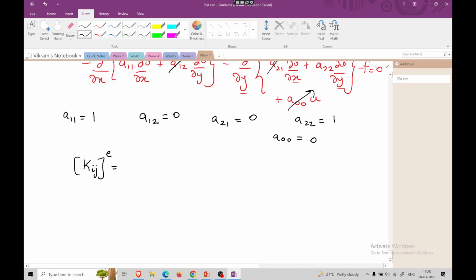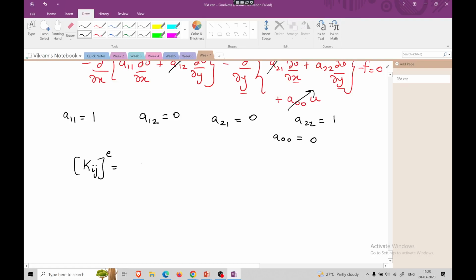Both will be y. It will be dou psi I by dou y into dou psi j by dou y dx dy. Correct? So what is psi I for a triangular element? Again we can recall: 1 by 2a times alpha I plus beta I x plus gamma I y.